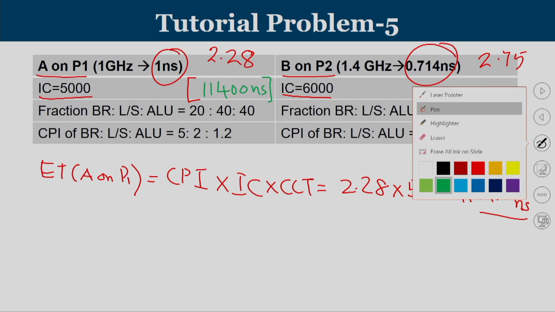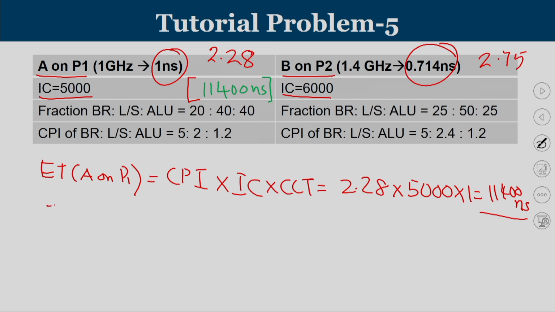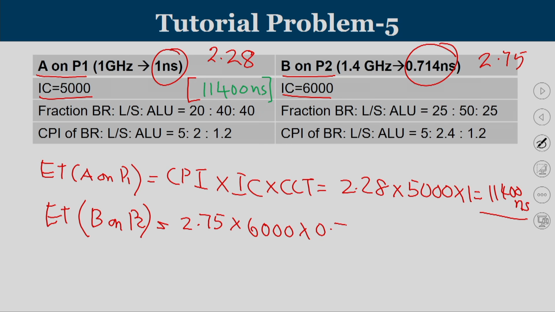Now, let us try to see what is the execution time of B on P2. So, same equation applies, CPI. So, CPI here, the found out CPI is 2.75 into instruction count is 6000, but the clock cycle time is a little lower, it is 0.714 only, and this will give us a value 11,785.